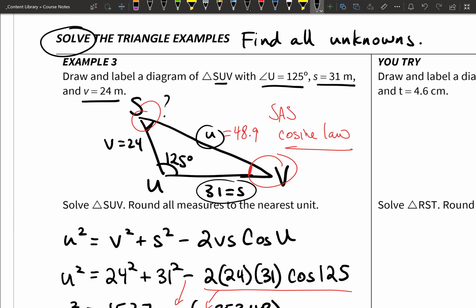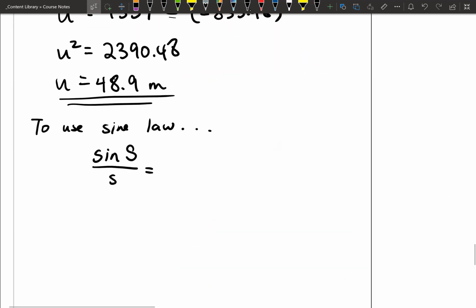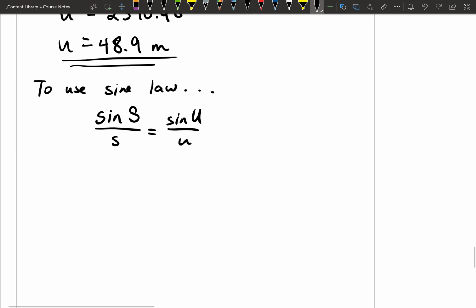I have side S, and then I'm going to use the other angle I'm given, 125, with the u that I calculated, 48.9, right? So sine of S over S equals sine of u over u. That's the sine law. Just pairs of S and pairs of u equal to each other. I'm finding an angle, so I'm putting a sine on top, just like we did before.